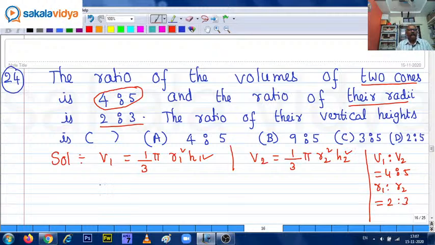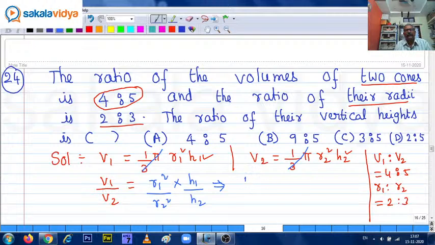So write down V1 upon V2. This 1/3 of pi gets cancelled. We get R1 square upon R2 square into H1 upon H2. Let us substitute the values. V1 by V2 is equal to 4 upon 5.